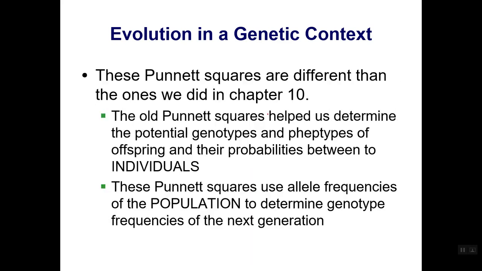Okay, so these Punnett squares are different than the ones that we did in chapter 10. The old Punnett squares that we did helped us to determine potential genotypes and phenotypes of offspring and their probabilities of occurring between 2 individuals. These Punnett squares are going to use the allele frequencies of the population to determine the genotype frequencies of the next generation.